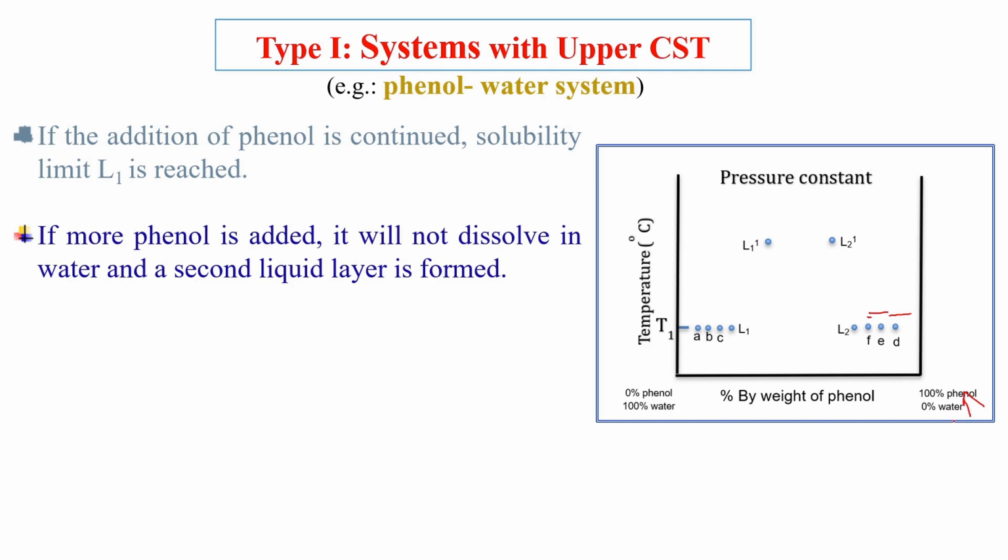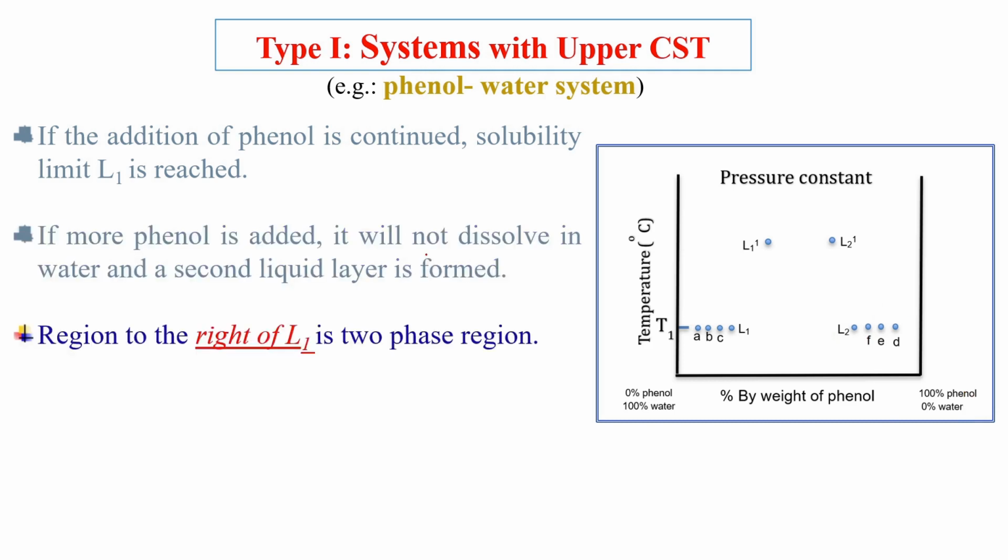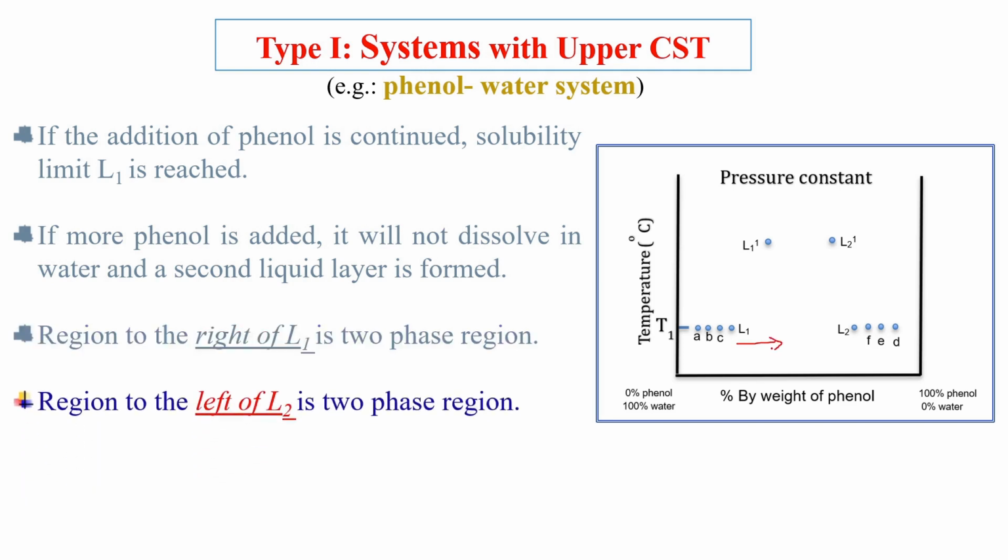If the addition of water is continued, the solubility limit L2 is reached. And if more water is added further, the water will not dissolve in the phenol and a second layer is formed. Therefore, the region to the right of L1 is a two-phase region. Similarly, the region to the left of L2 is a two-phase region.